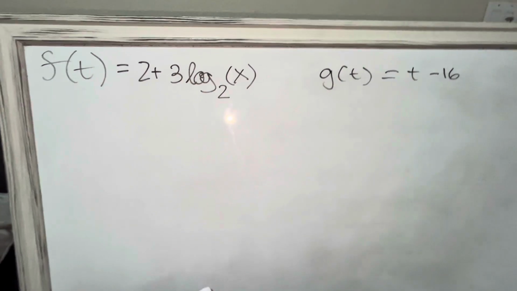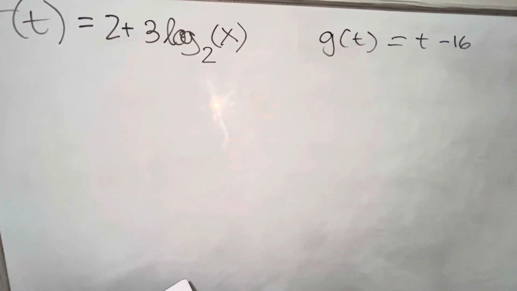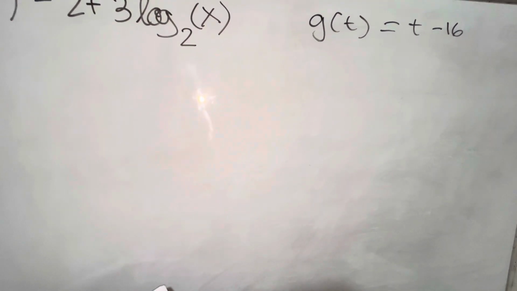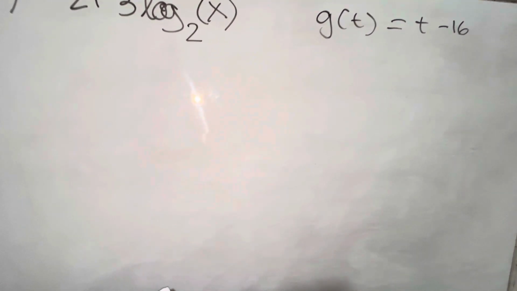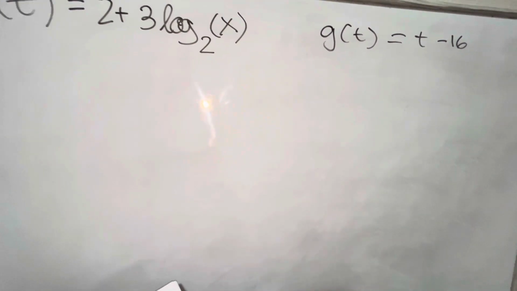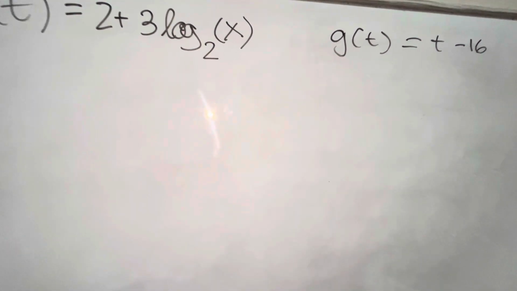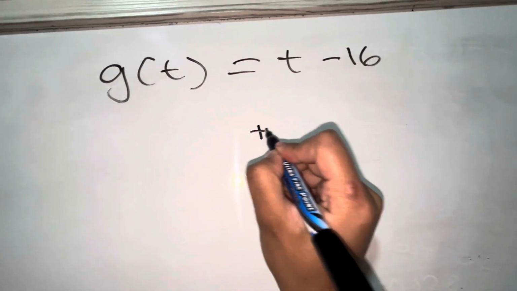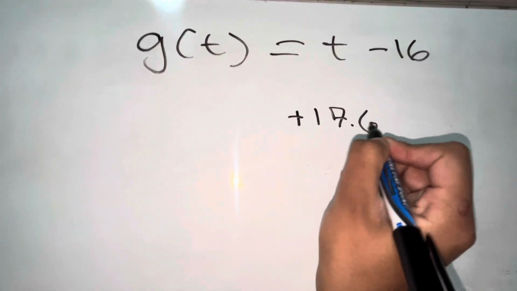So right now you have your f of t equation and g of t equation, but it's also telling us that there is a 17.6 thousand unit increase or more than the sales predicted by the linear model. So that means we're going to have to add 17.6 to this equation.